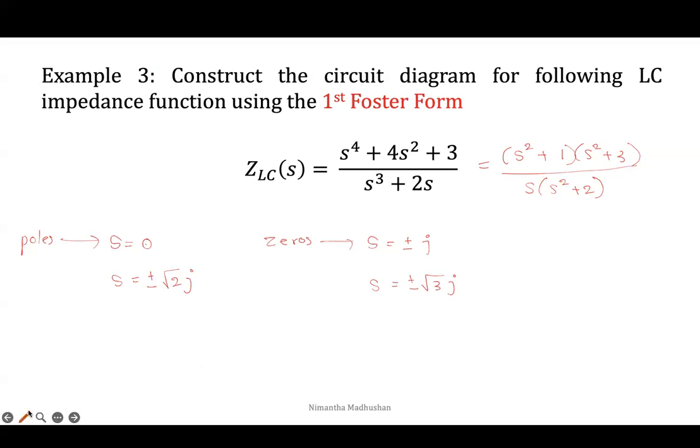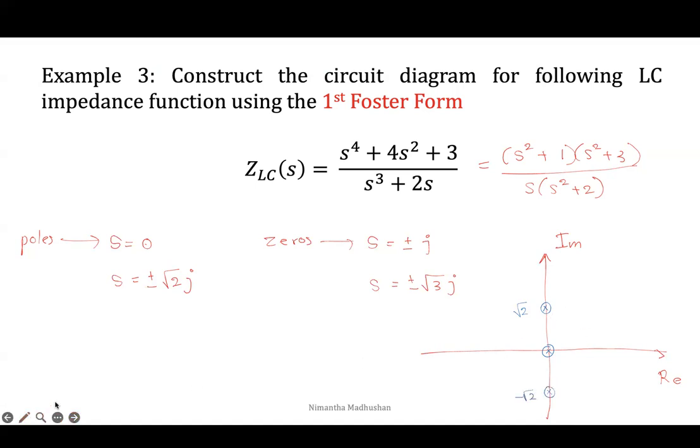When I plot the poles and zeros in the complex plane, this is the real axis, this one is the imaginary axis. Poles at the origin and at plus root 2 and minus root 2.